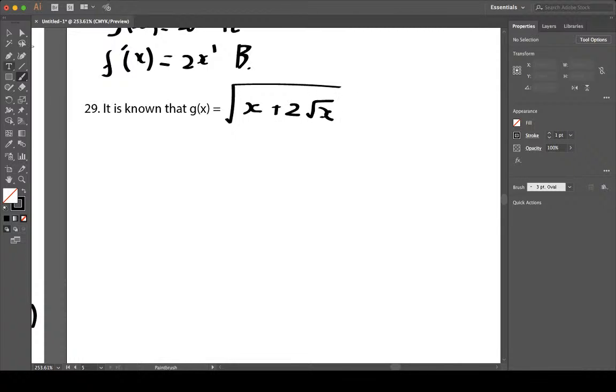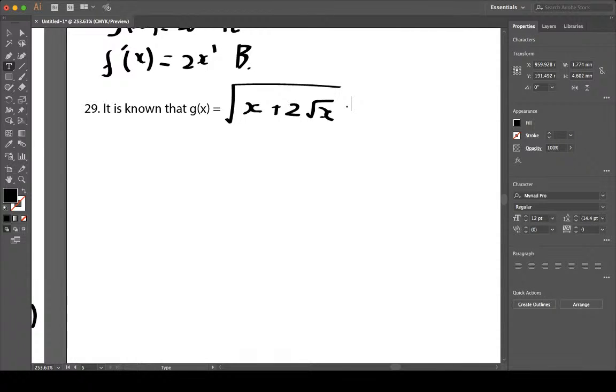Okay, got the value g prime 4 equals to, and you might say, man, the square root of x inside the square root of x, what do you mean? Well, basically it means that it's a square root of x inside of the square root of x. That's basically it.